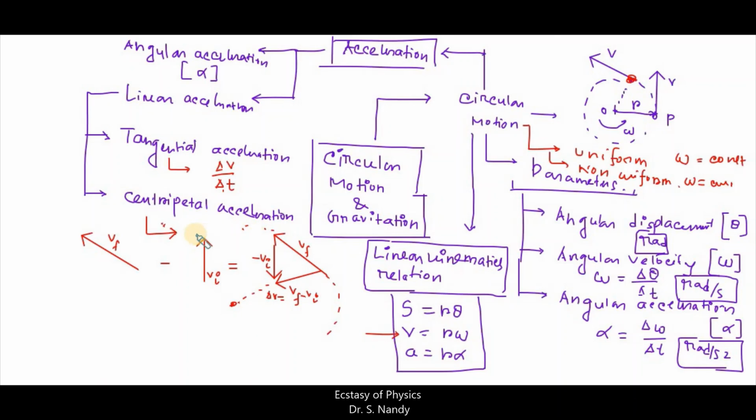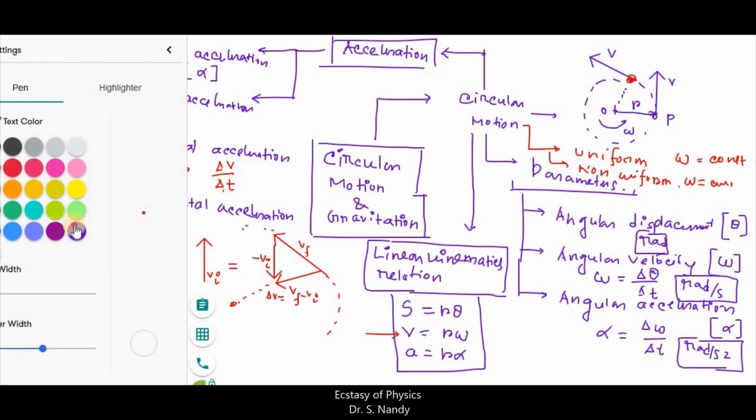The centripetal acceleration is produced in circular motion due to the change in direction, not due to the change in magnitude. The direction of centripetal acceleration will always be towards the center of the circle. That's why it is also known as the radial acceleration.